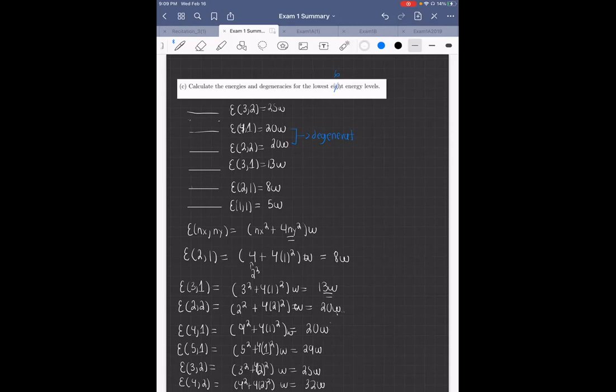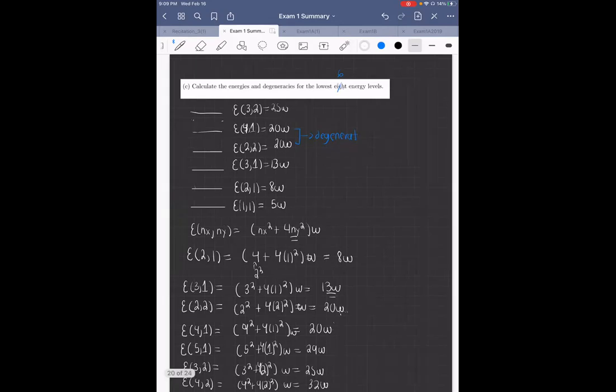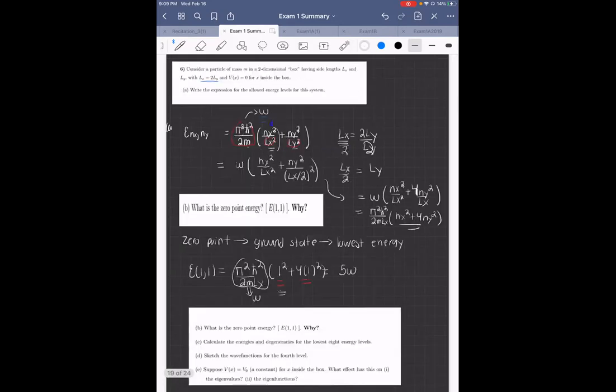So degeneracy is basically, we use the equation we made, and it's in 2 dimensions, so it's going to be based on nx and ny. For the first question, all we're doing is making an equation based on the equation for the 3D particle in a box, in this case the 2D particle in a box.